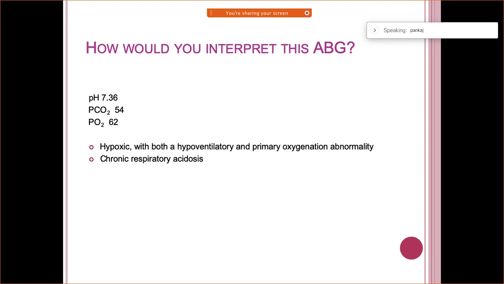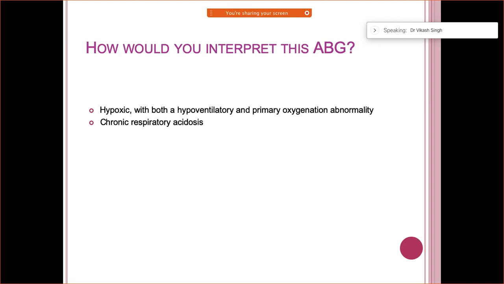And the compensation has also happened in this. So that is why it is chronic respiratory acidosis, and both hypoventilatory and primary oxygenation abnormality, in fact.